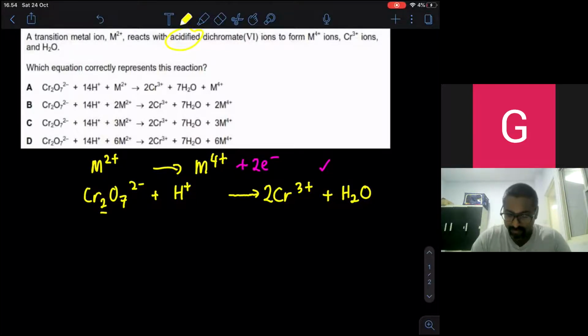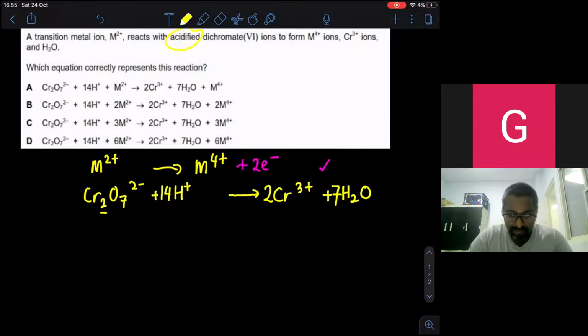On my left hand side, I do see I have 7 oxygen, so I need to make sure that I have 7 oxygen on my right hand side. So on the right I put 7 water, but that makes me have 14 hydrogen, so I just need to put 14 H+ over there.